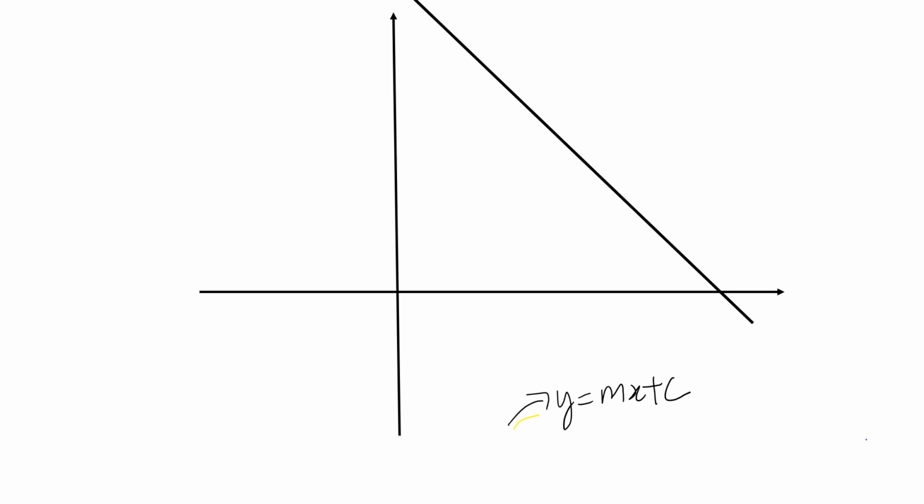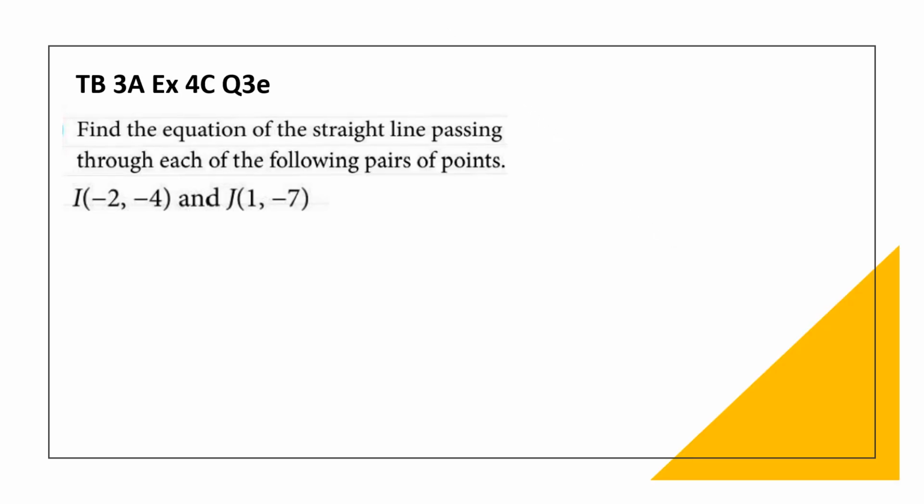Right, let's look at these questions. We're asked to find the equations of the straight line that passes through each of the following pairs of points. So we're given 2 points there, point I and point J. Let's sketch these 2 points. You don't need to be very accurate, but roughly let's know where the 2 points are. So -2, -4 will be on the left-hand side and at the bottom.